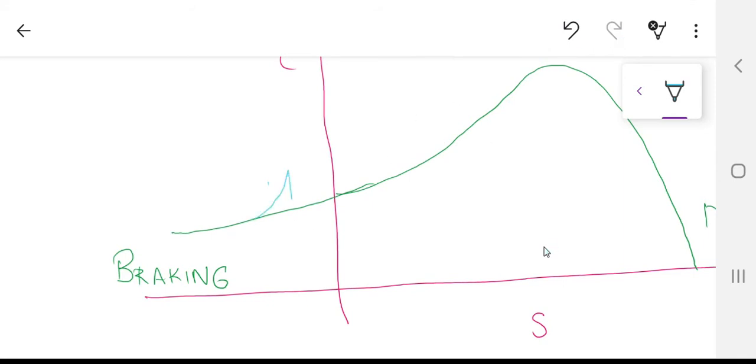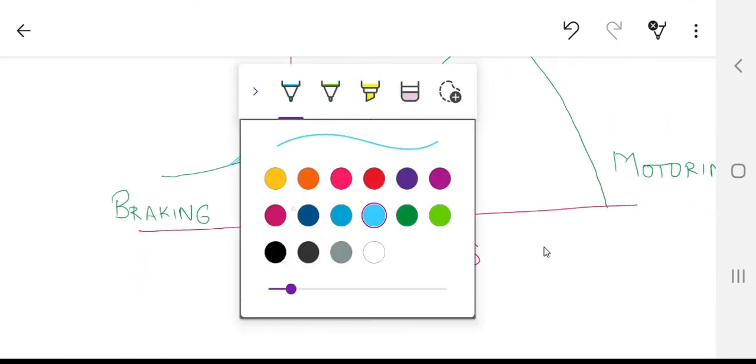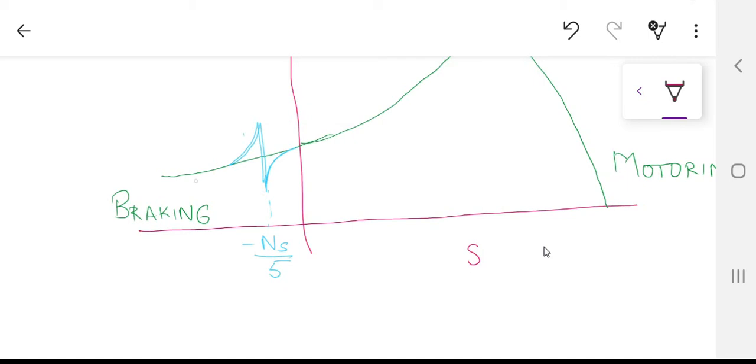So this is going to be like this, and this will be minus ns by 5. So the crawling phenomenon will not just occur in the motoring region, it can occur in the braking region also, and certainly again the load line will be something again increasing.